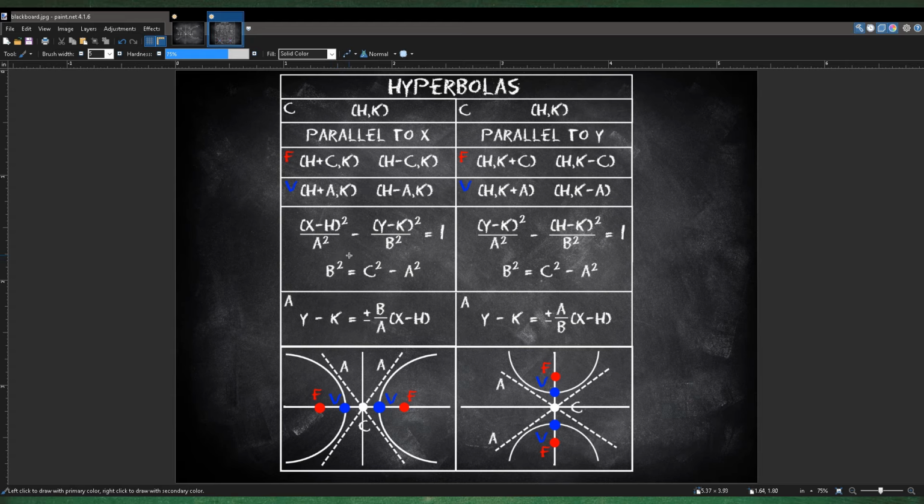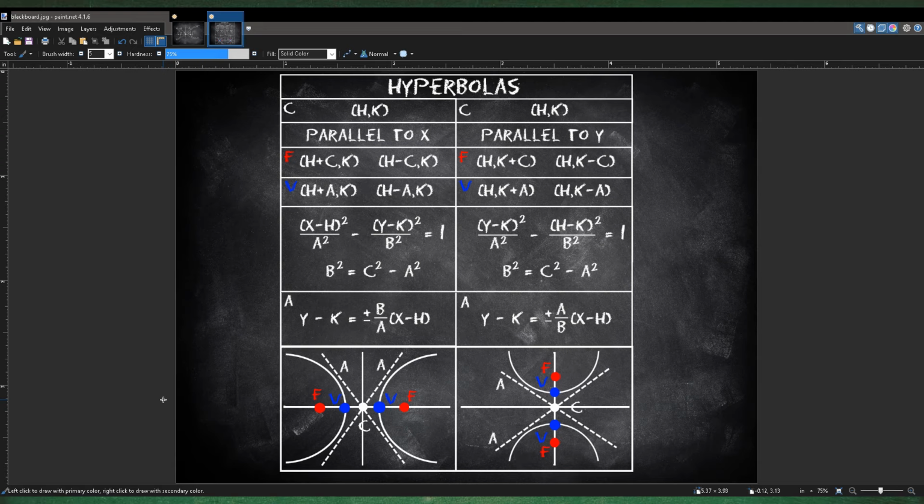Now in this case, you take the larger number plus the smaller number, and you square root that, and then you get the new number. So instead of subtracting from each other, now you're going to be adding them. And then there are these two asymptotes, which are right here. So this is basically the general solution.